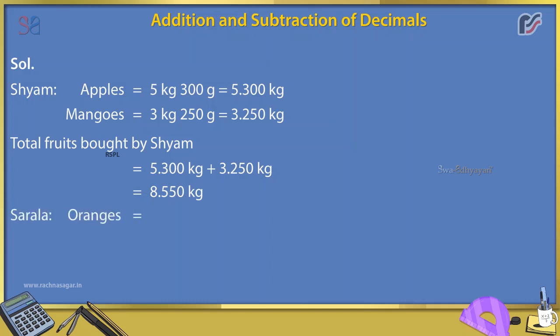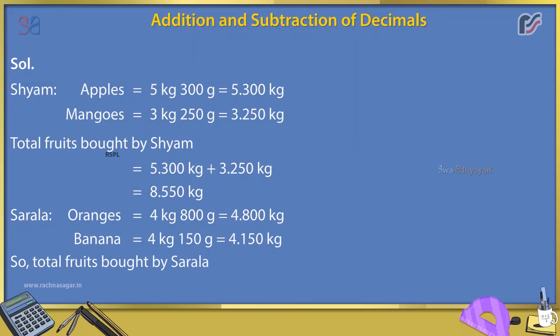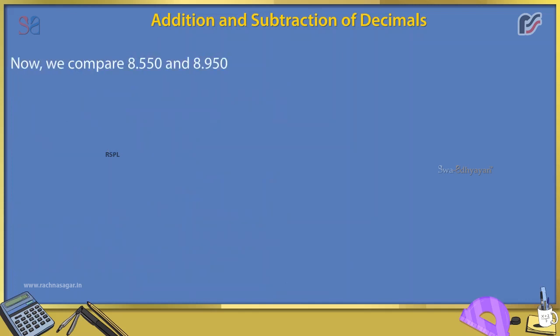Oranges is equal to 4 kg 800 gram is equal to 4.800 kg. Banana is equal to 4 kg 150 gram, which is equal to 4.150 kg. So, total fruits bought by Sarla is equal to 4.800 kg plus 4.150 kg, which is equal to 8.950 kg.